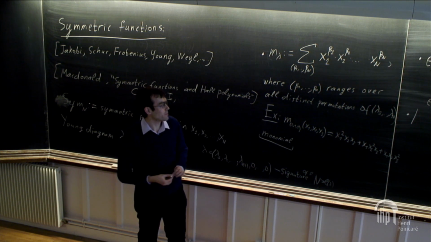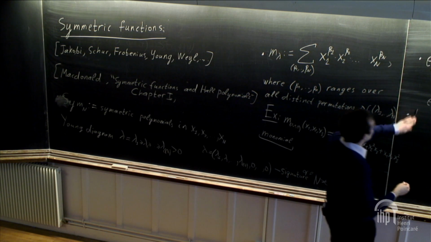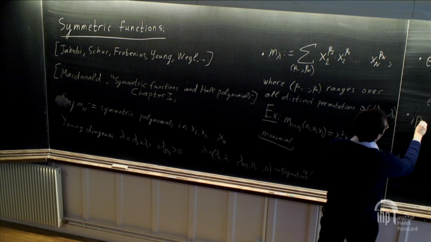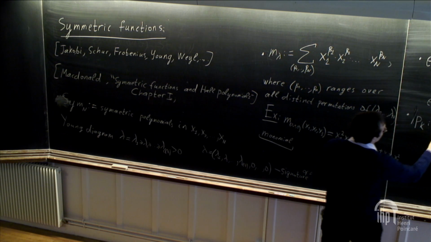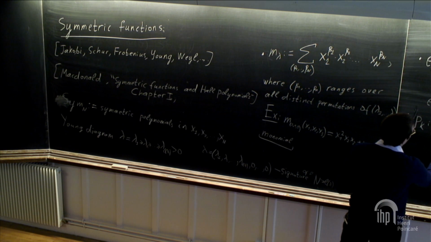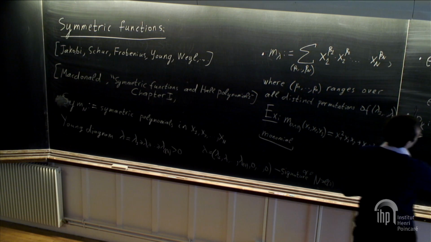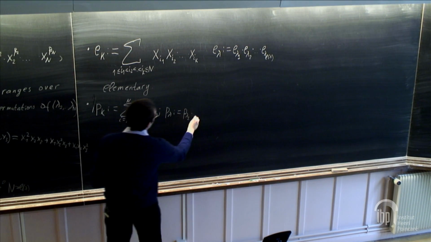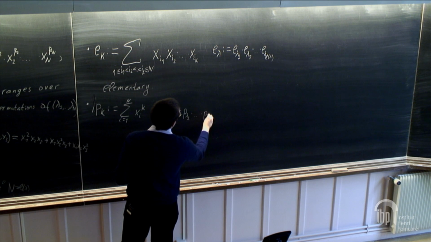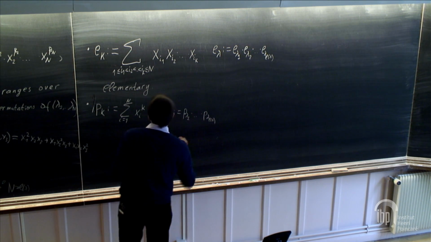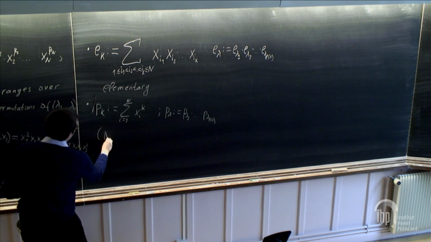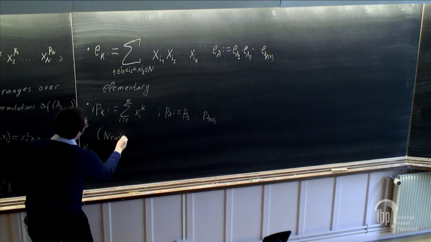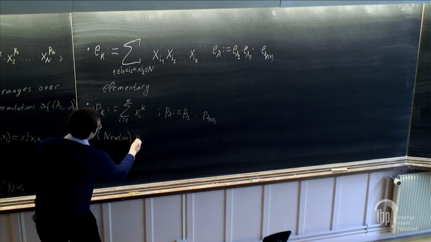Power sums, okay, let's do power sums. p_k is the sum from i equals 1 to n of x_i to the power k, and p lambda is defined as p lambda 1 times ... times p lambda L of lambda. This is called Newton power sums.